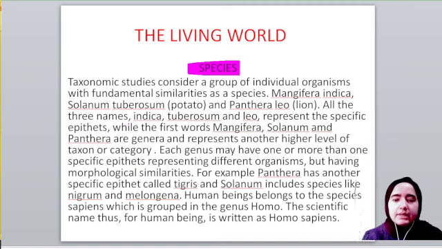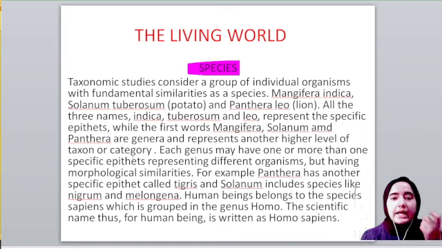Species means organisms with fundamental similarities. Say for example, I am a human being. If you see another person, we have fundamental similarities. We might not look alike, but I have two eyes, and the person might also have two eyes if he belongs to Homo sapiens, human beings.